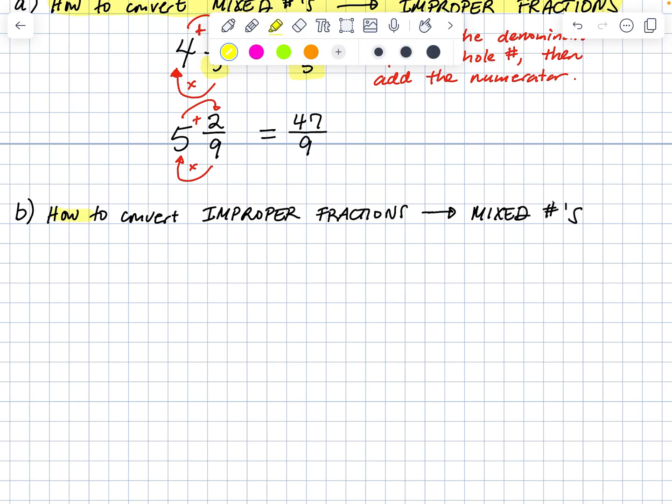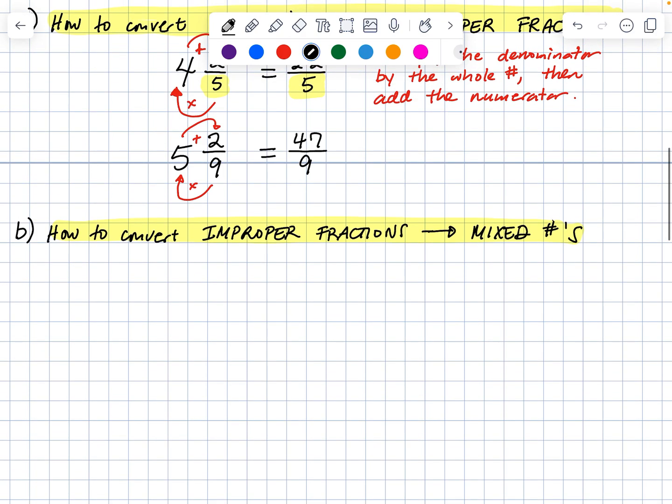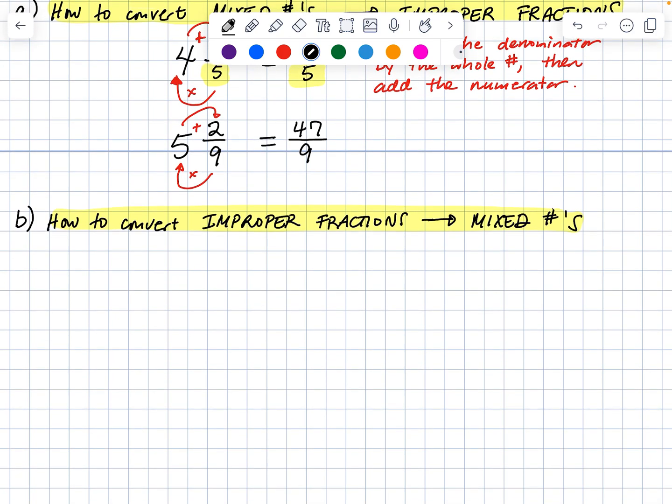Okay, so jot that down. Again, how to convert improper fractions to mixed numbers. Okay, so it's best to explain the process using an example. Say I had the improper fraction of 17 over 2. So remember, an improper fraction is where the numerator is bigger than the denominator.